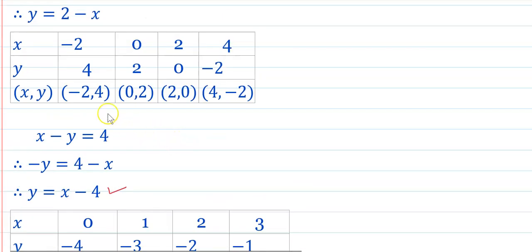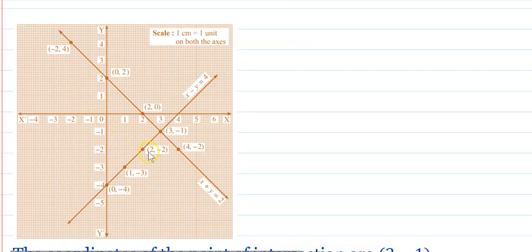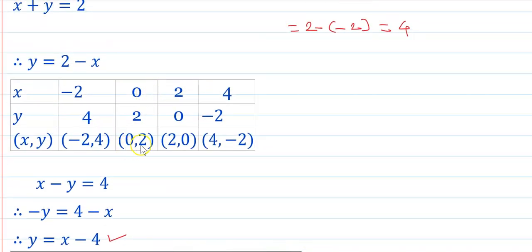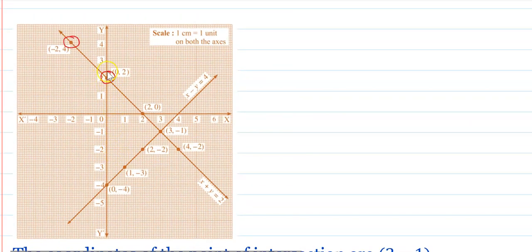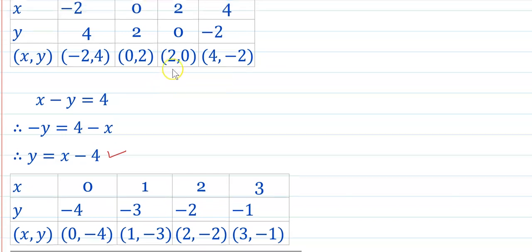Now the first equation: minus 2 and 4. The first point is minus 2 and 4. Next point, 0, 2. It is on the y-axis. For the another point, 2, 0.